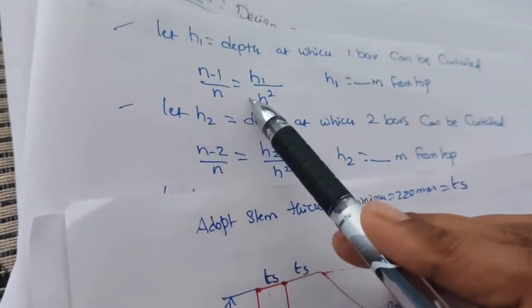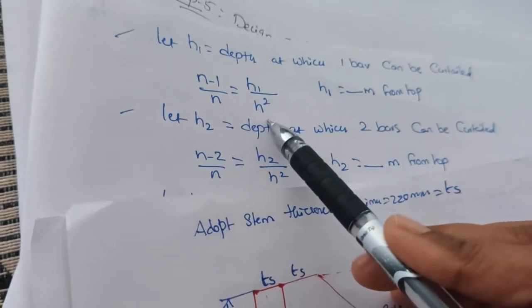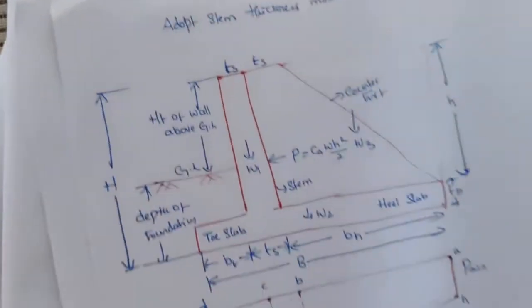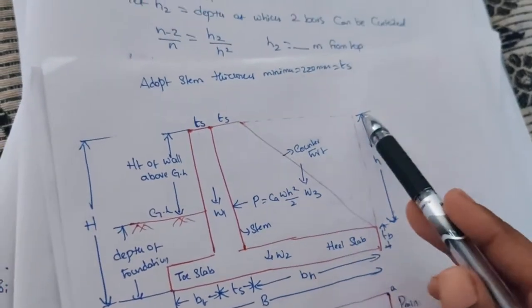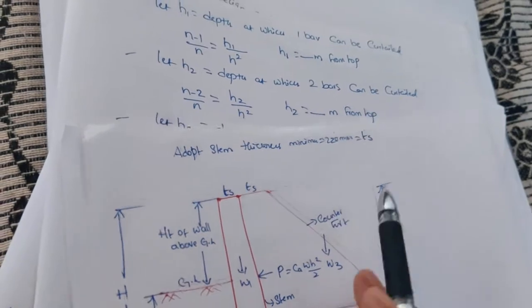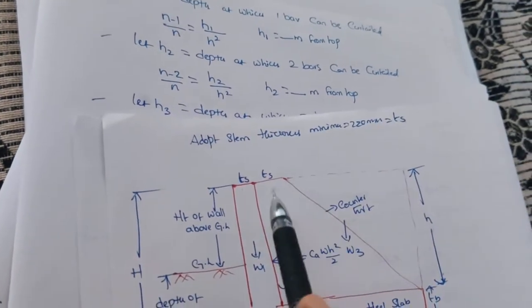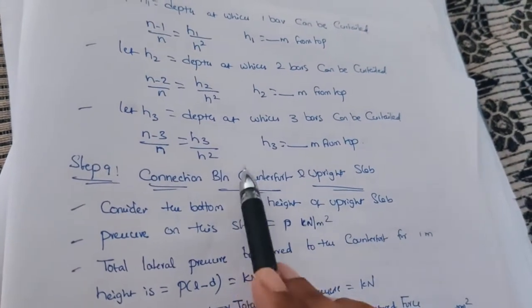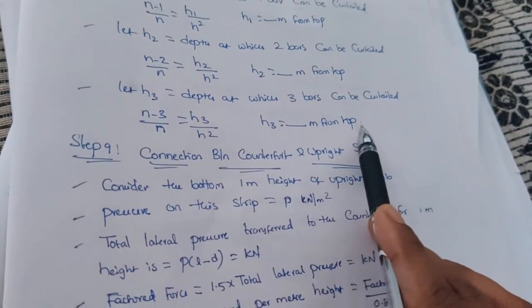So (n minus 1) by n is equal to H1 by H square. So you will find the H1 within how many meters from the top point. From the top point you have to provide the reinforcement here. Clear? In this way you will find up to how many meters it will be there. At this point you will find the number of bars you will provide by curtailing.